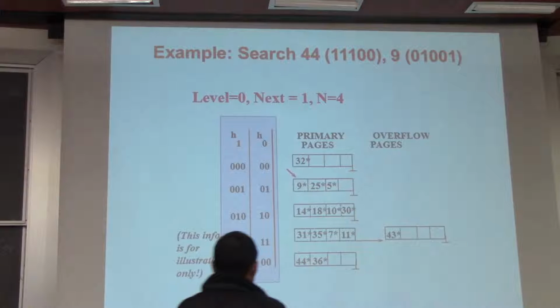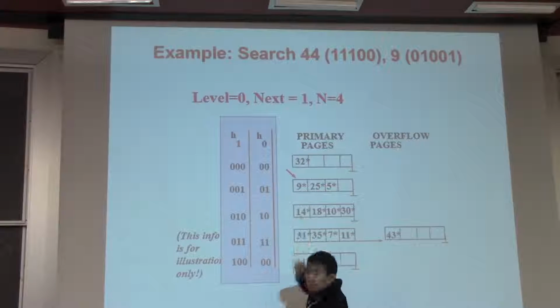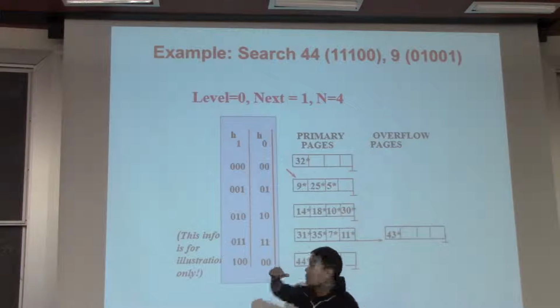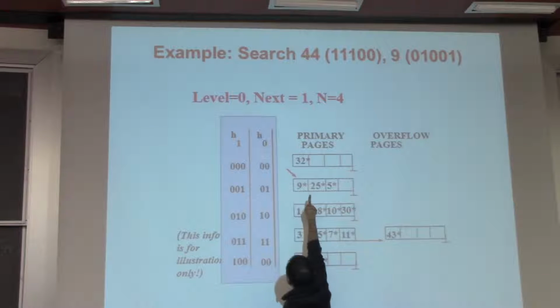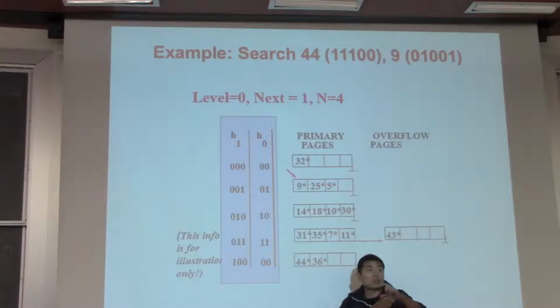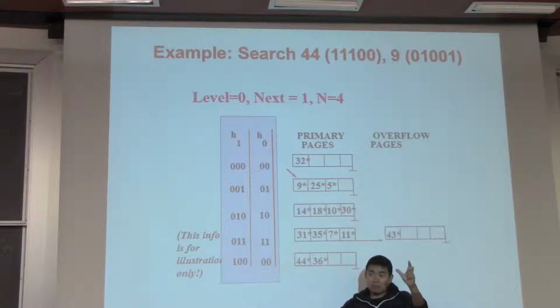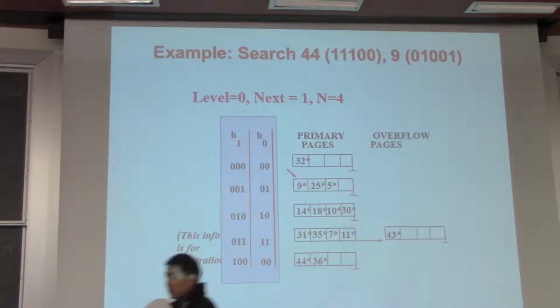That tells you 44 is actually in the blue bucket instead of the red bucket. How do you figure out it's a red or green bucket? Once you are in the first bucket, you check against the position of the next pointer. I'm after it, so I must be a red bucket. So at this point, I should use the next level hash function to locate this one.